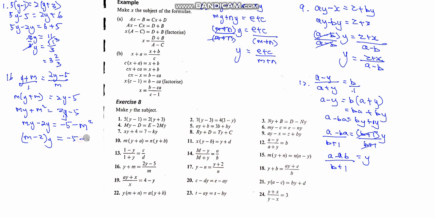Minus 5 minus m squared. Now divide by m minus 2 again. So this cancels. So you get y equal to minus 5 minus m squared over m minus 2. That's it. You can make y the subject.